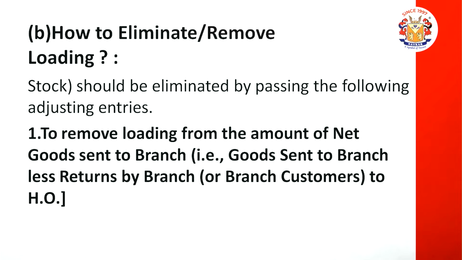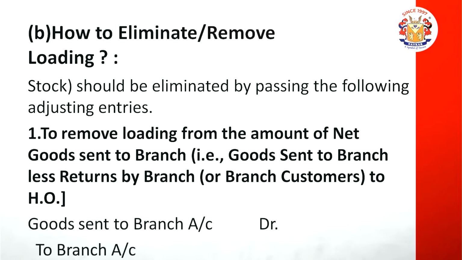To remove loading from amount of net goods sent to branch, that is goods sent to branch less returned by branch or branch customers to HO, goods sent to branch account debit to branch account. Next one.